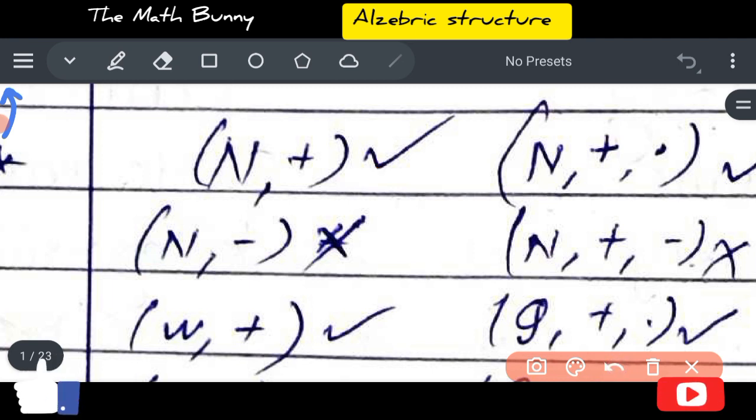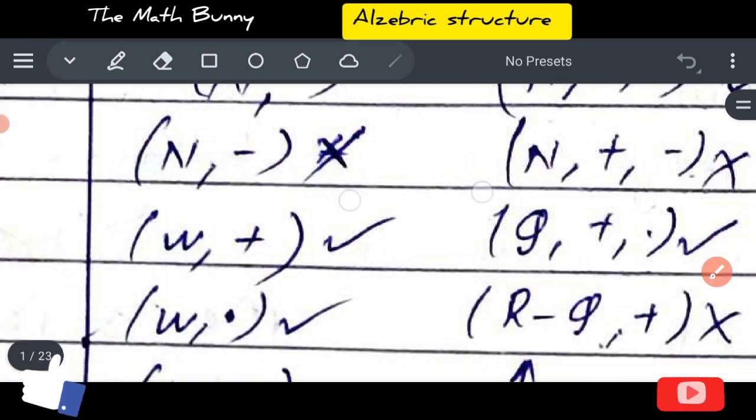Now suppose you take natural numbers and operate them with minus, then there is a chance that sometimes, just like 3 minus 4, you will get a number which is not natural. So this is not an algebraic structure.